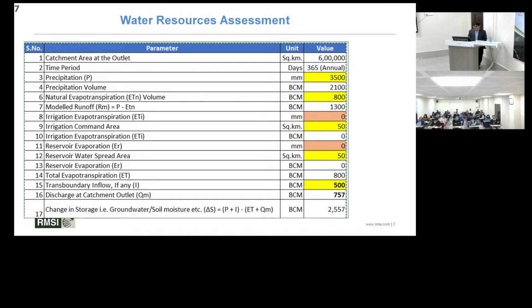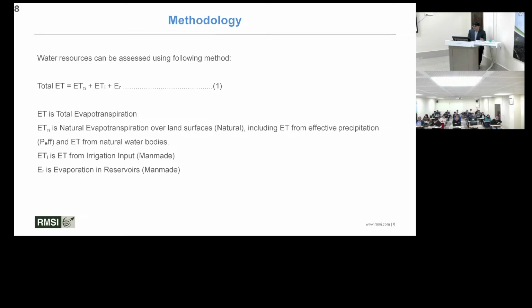So finally the change in the storage, delta S, is P, the total inflow volume of water generated from the precipitation and inflow from the upstream catchment, minus ET minus QM. QM is the discharge.